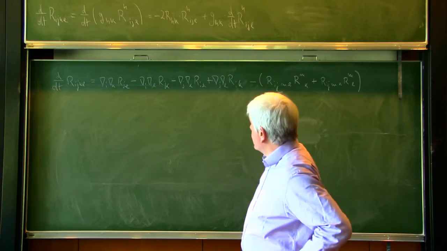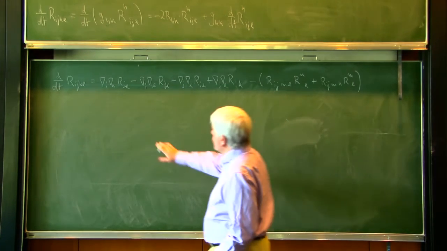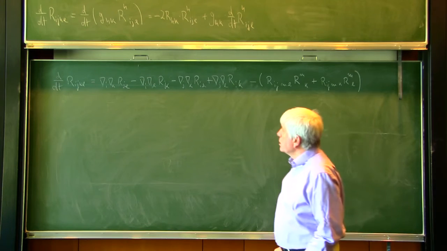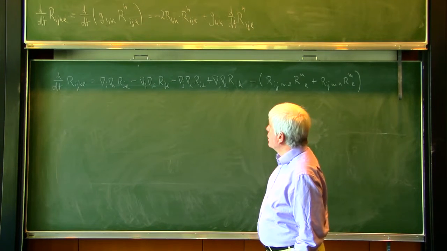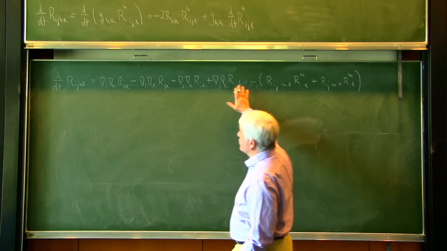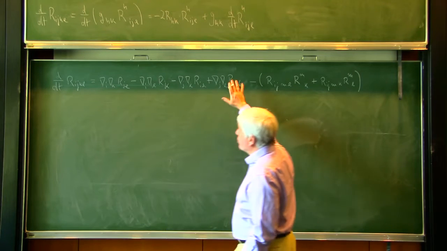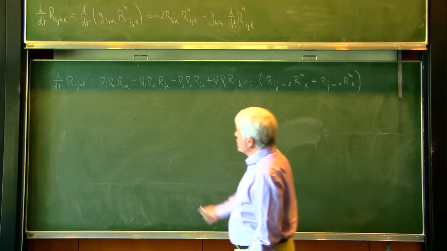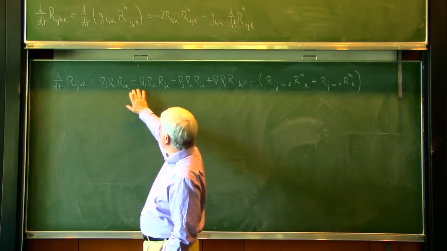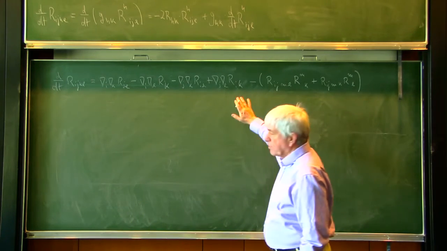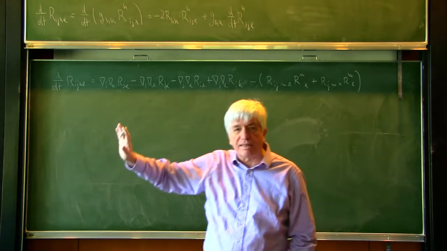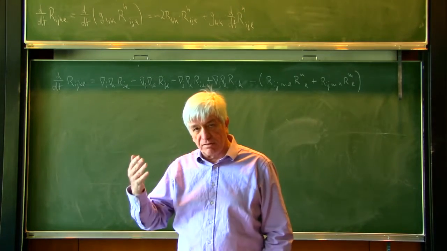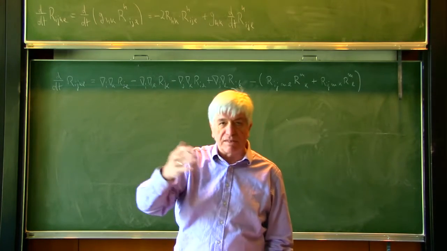And now this is a form of the second derivatives of curvature, which is not really what we want. We want to have a nice operator acting on the Riemann curvature tensor. Now what you see here is we have second derivatives of the trace. What we really would like to see is a Laplacian. We would like to see the trace of the second derivatives rather than the second derivatives of the trace.